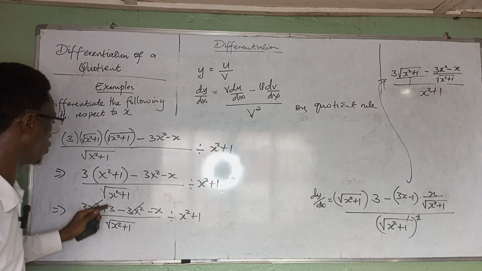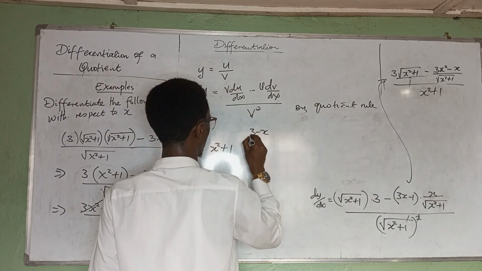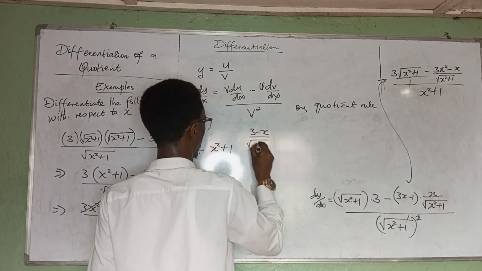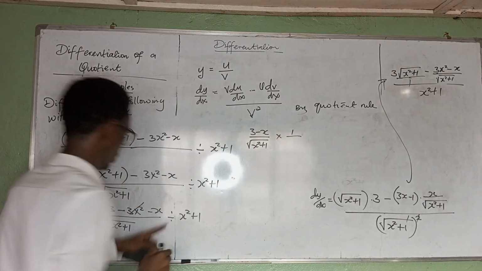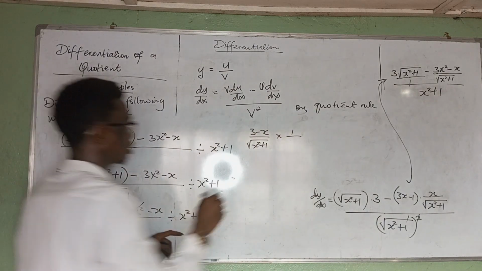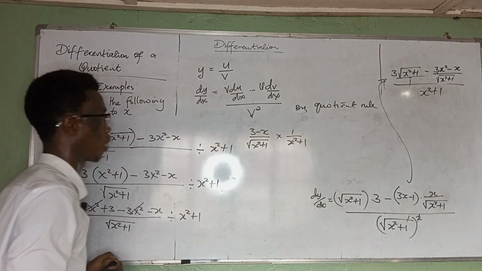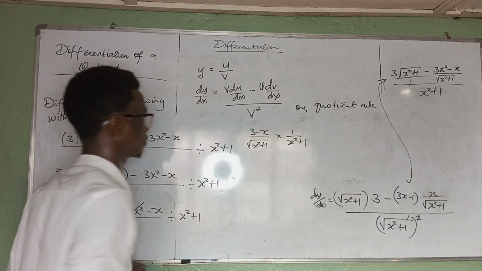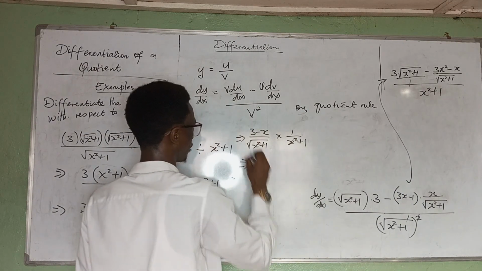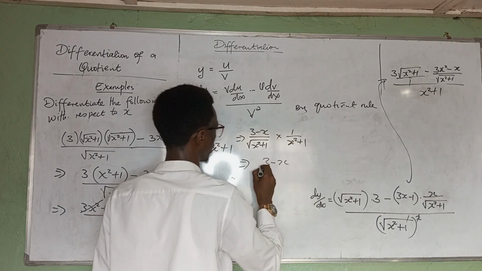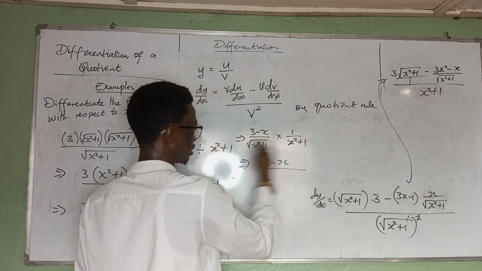So yes, this becomes 3 minus x divided by root x squared plus 1 multiplied by 1 upon x squared plus 1, which I've changed here. Okay, so our final answer becomes 3 minus x divided by, so we are multiplying this.